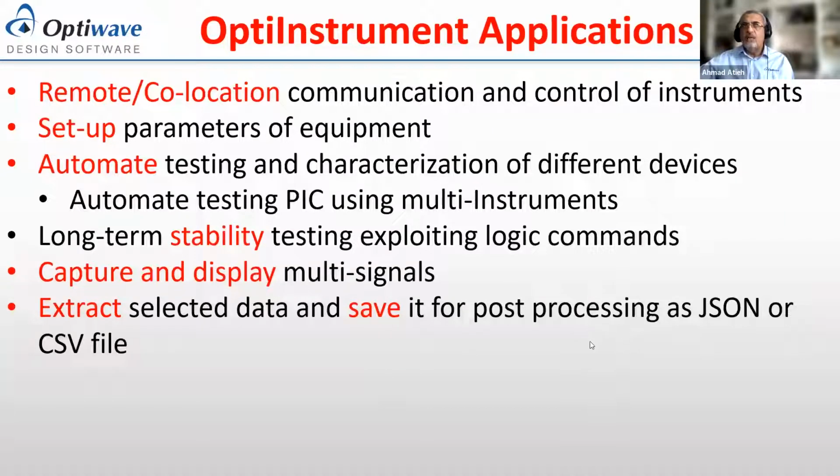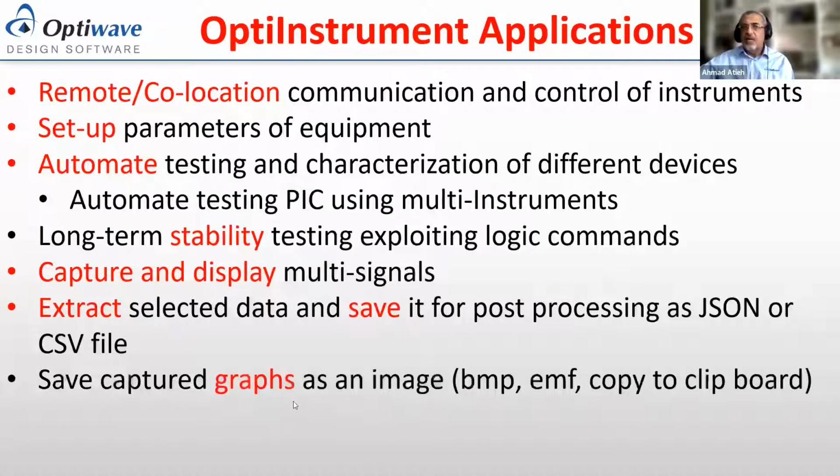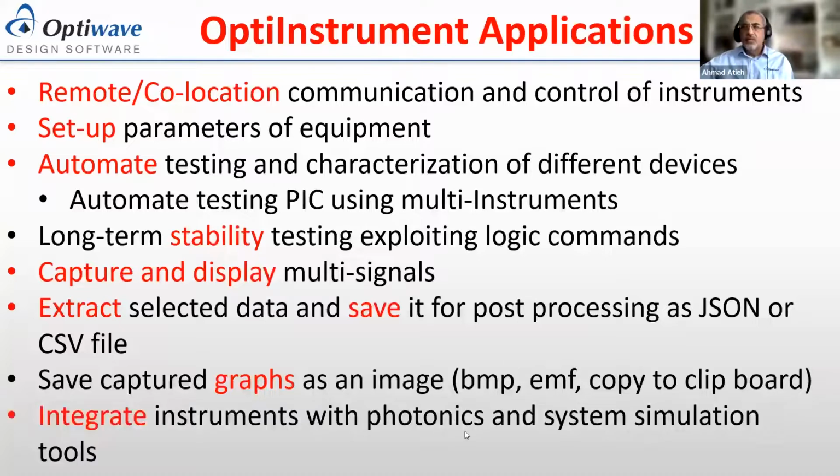We enabled a post-processing feature in OptiInstrument, and there is a possibility to save the data as JSON files, CSV files, or text files. The graphs can also be saved. Displayed graphs can be saved as bitmaps or any format required by the user. The OptiInstrument software can be integrated with other software packages.